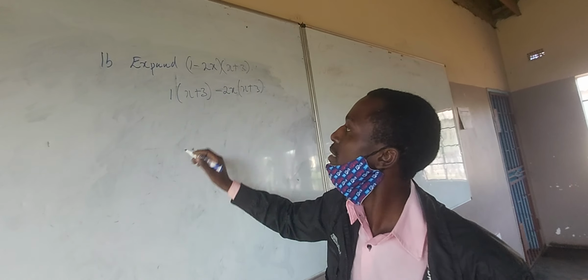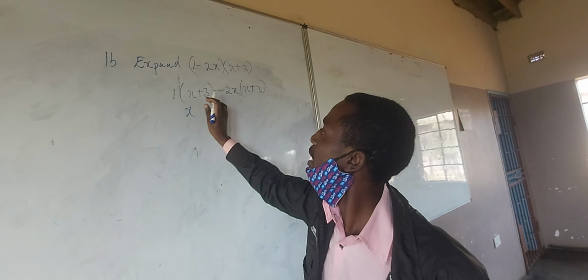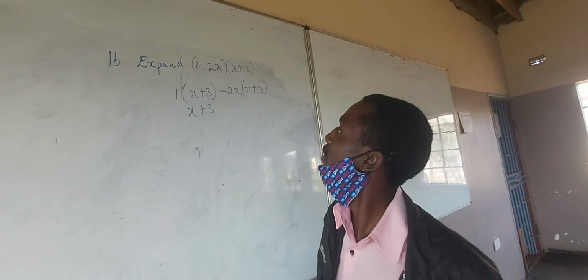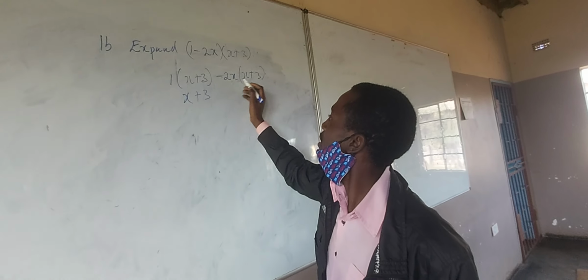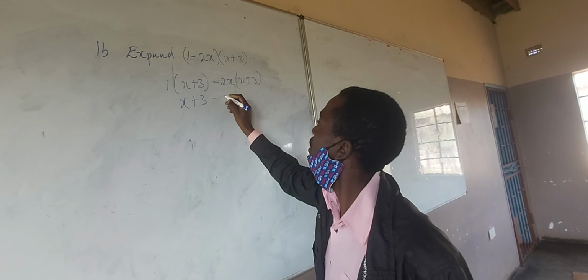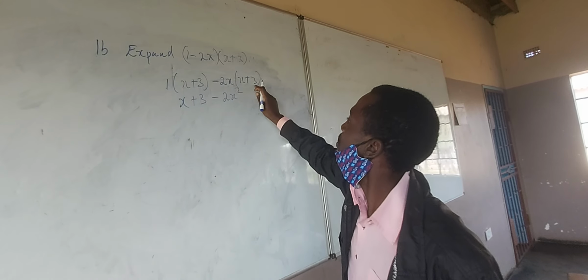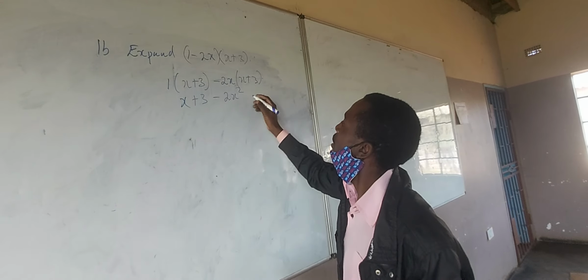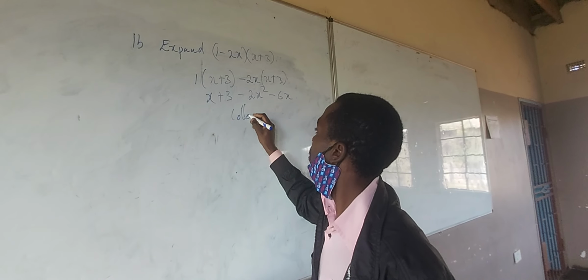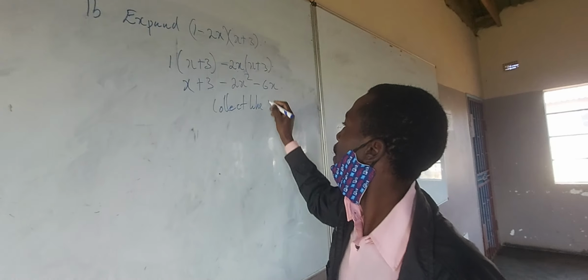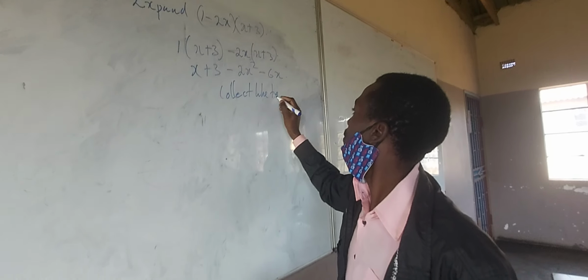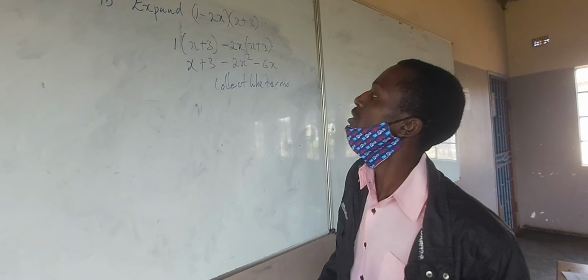1 multiplied by x, we get an x. 1 times 3, we get a 3. Negative 2x times x, we get negative 2x squared. Negative 2x multiplied by 3, we get negative 6x. Here now we have to collect like terms, then we simplify.